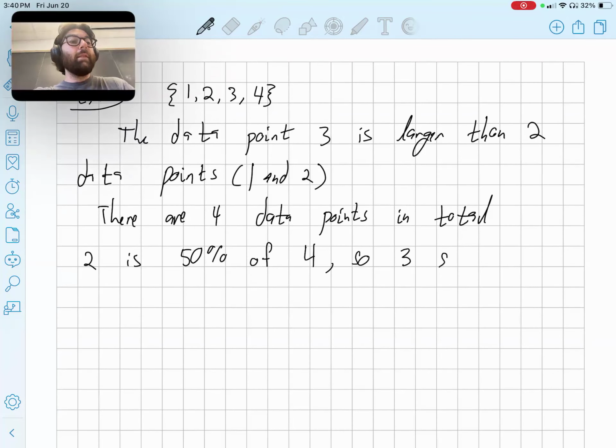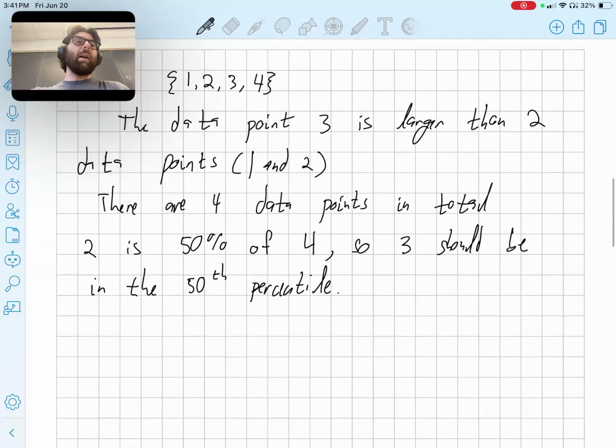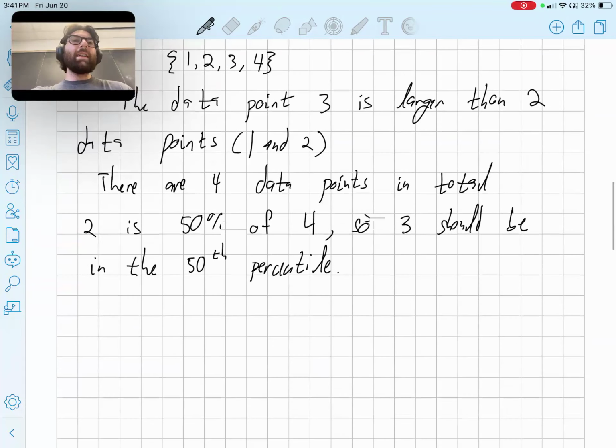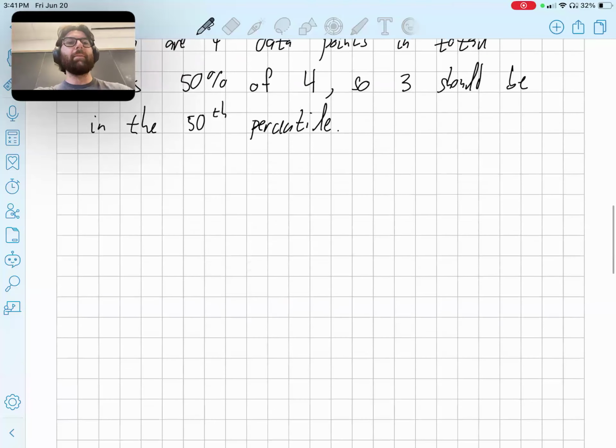And so 3 should be in the 50th percentile. That's not quite going to be the case, for reasons that we'll see in a bit.